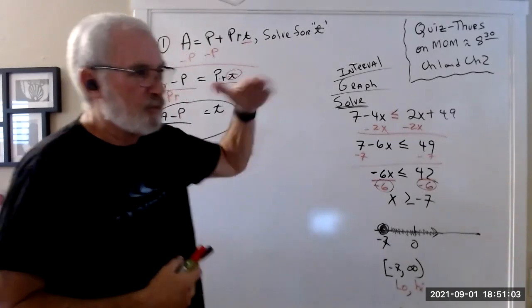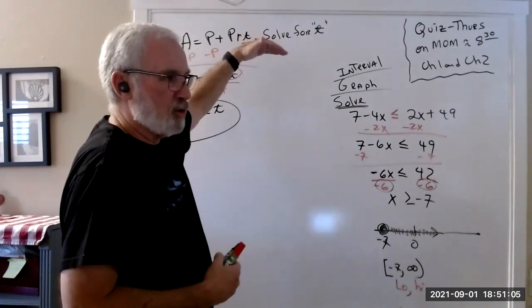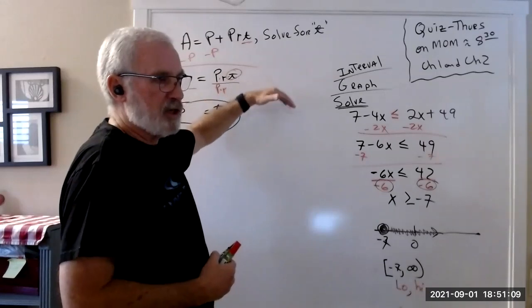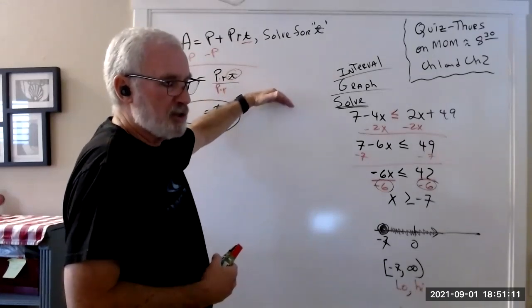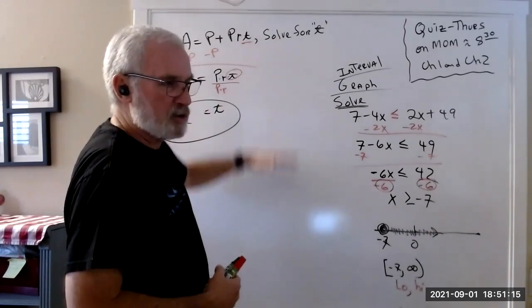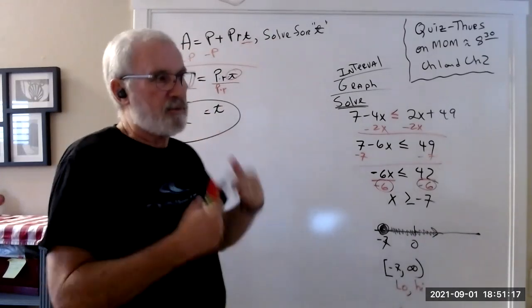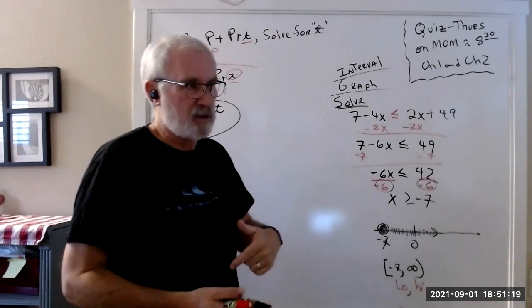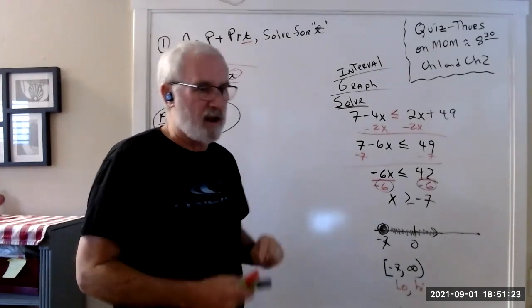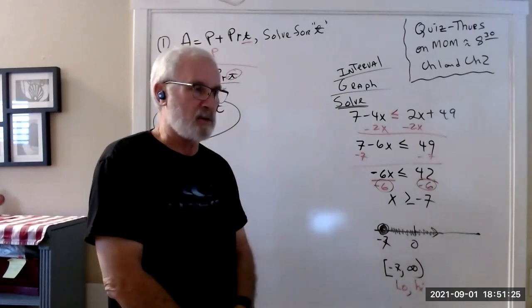If you follow those 5 steps that I showed you about, getting rid of parentheses, getting rid of fractions and decimals, combining like terms, remember those 5 steps I had for equation solving? If you follow those 5 steps, then you'll only have to worry about flipping one time, possibly, in the problem.